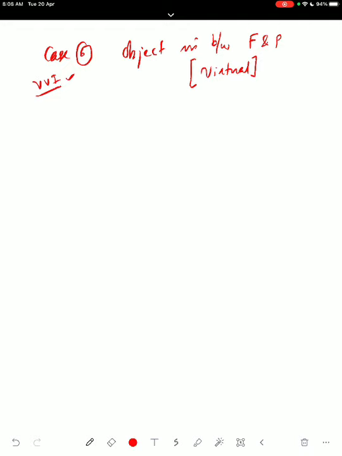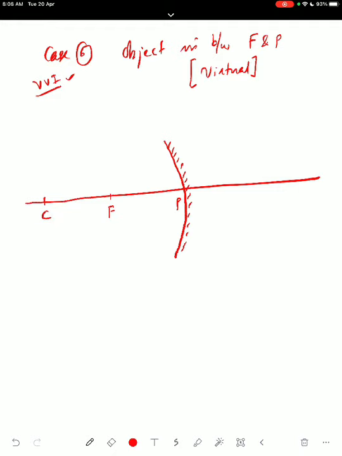Okay, listen to the diagram. Concave mirror, principal axis, P, F, and C. Any convenient rays can be considered. The object is now between F and P. AB is your object.